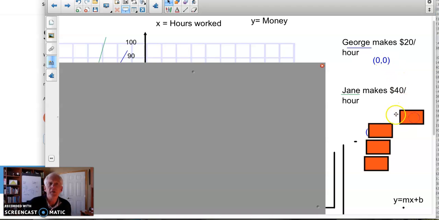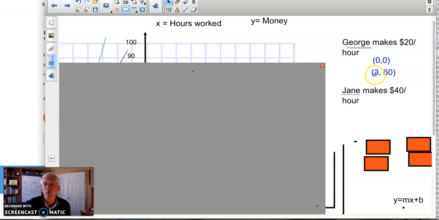If George got motivated one day and decided to work for 3 hours, how much money would he make? You can figure that out. It would be $60. The same X and Y: he works for 3 hours, which is X. The money is $60, which is Y.